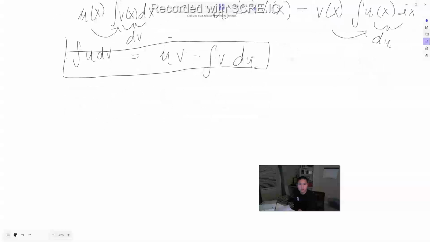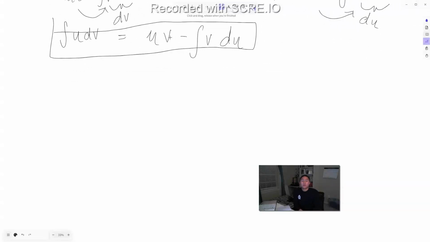Now, how are we going to choose which one is going to be u? Okay, u is very important here since this is our initial equation, the one that we're going to be given.